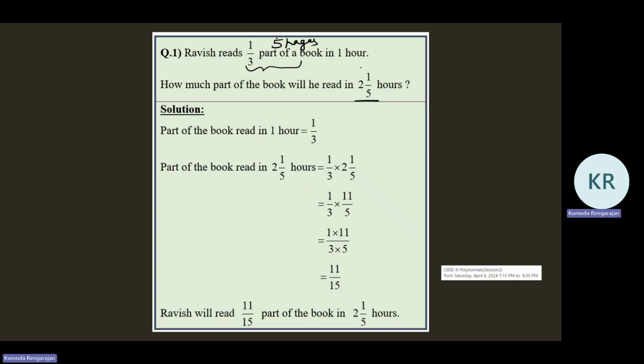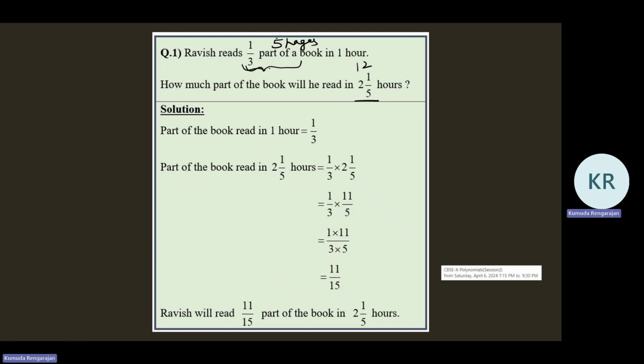And replace this with some 12 hours. Correct. You didn't change it to the mixed fraction correctly. It's correct. 11 by 15 is right. That's okay. You can correct that.